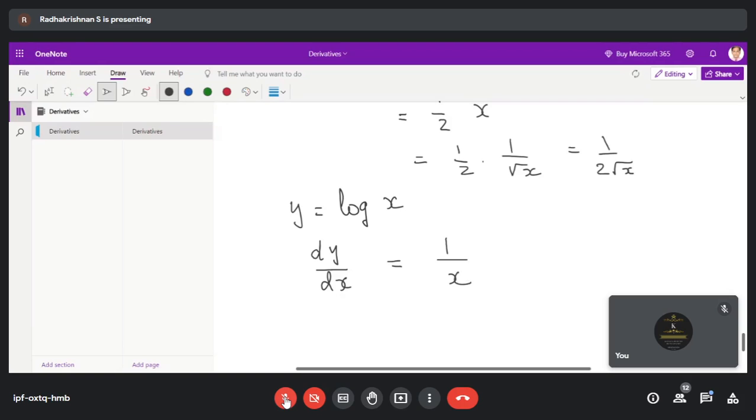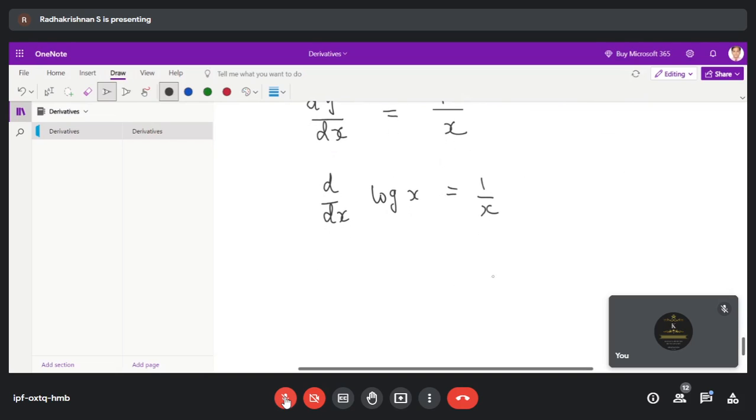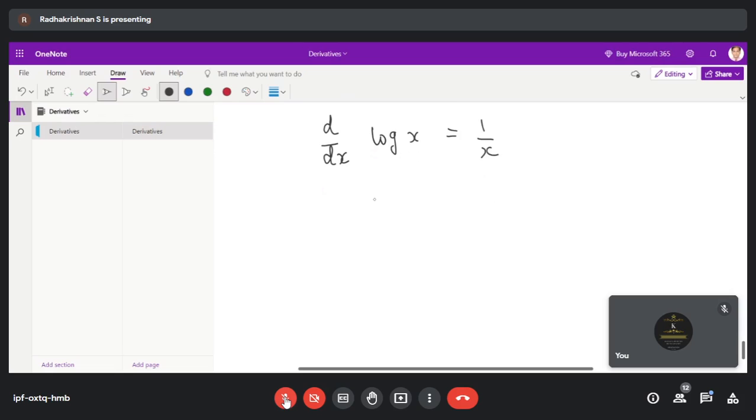Or I'll write it as d by dx of log x equal to 1 by x. Next rule is d by dx of e power x equal to e power x.